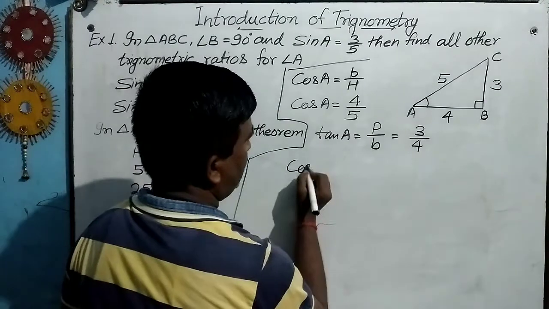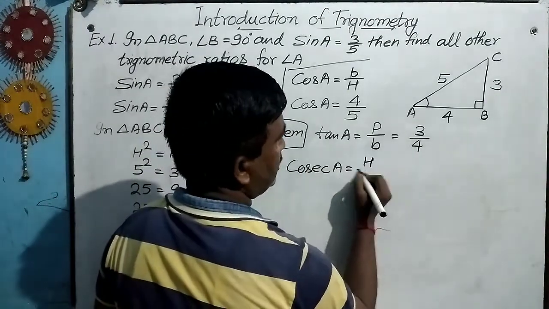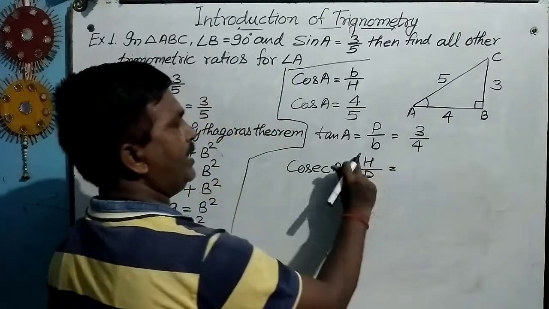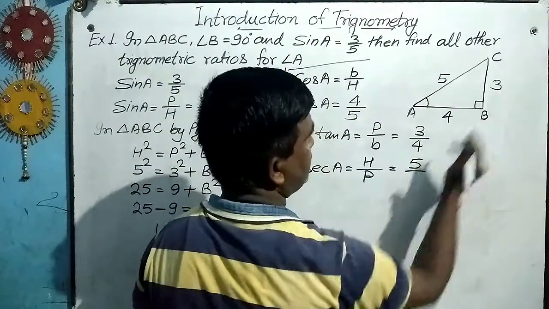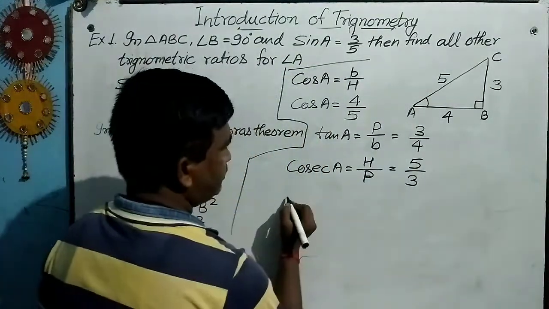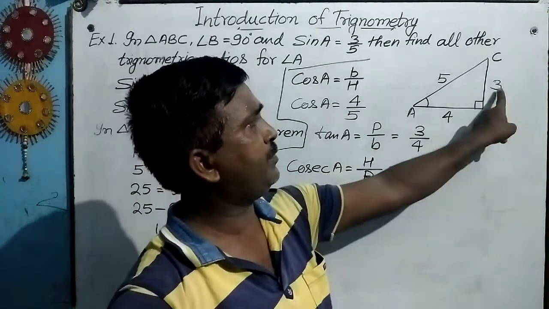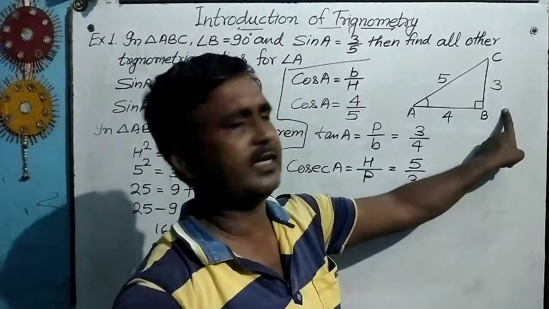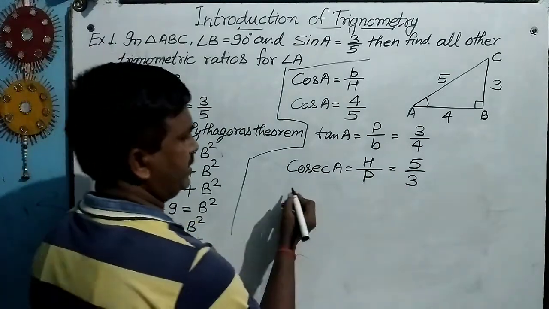Like this, cosec A is h upon P. Hypotenuse is 5, and P is 3. Listen here, the perpendicular, just opposite to the angle A, is this BC. BC is 3, so at the place of P you have to write 3.